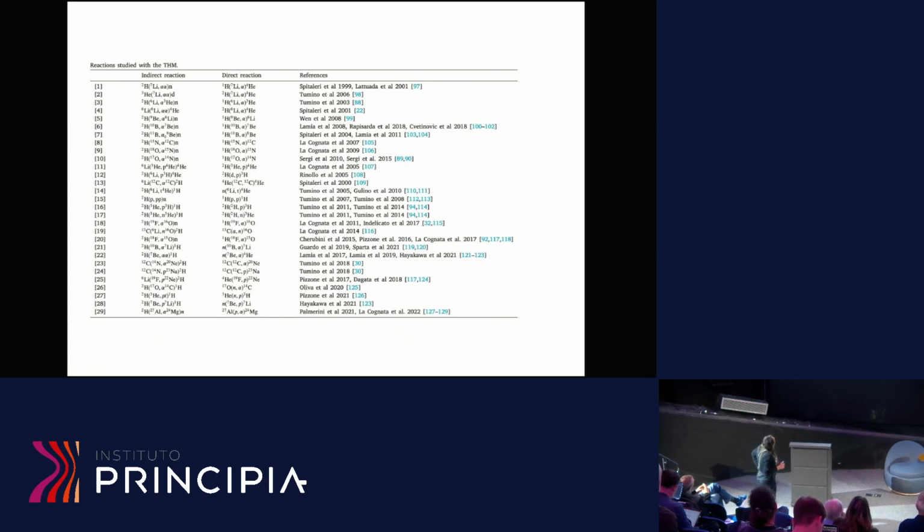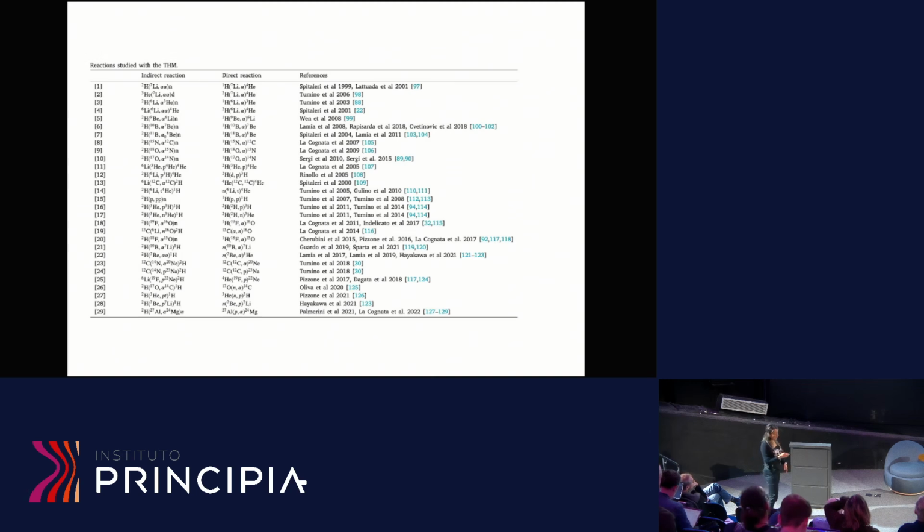We studied the fluorine-19 nucleosynthesis path. And as you can see here, we also did a lot of work on carbon-carbon fusion, which is the driving reaction for carbon burning.